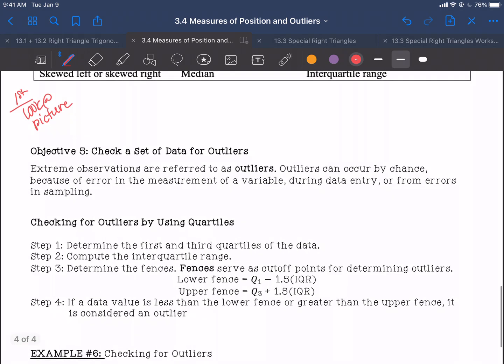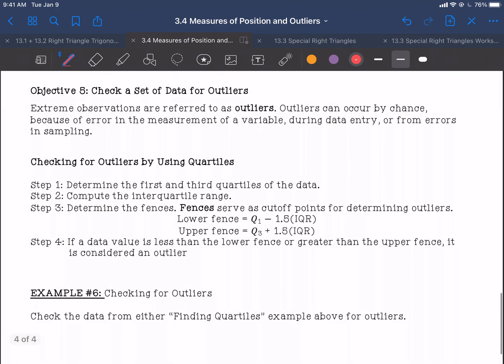And last thing here is checking a set of data for outliers. So we talked about how extreme values would affect the mean and the median previously. Those extreme observations are considered outliers. They could be by chance, an error in the measurement of a variable during data entry, or from errors in sampling.